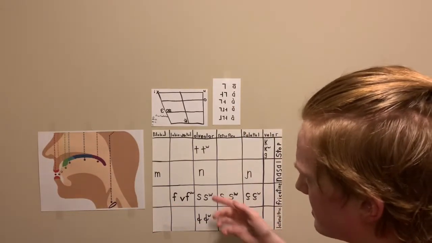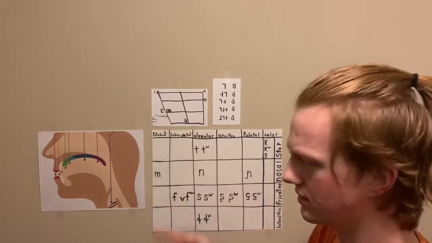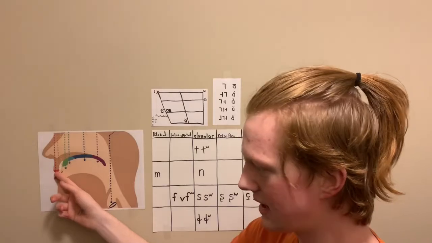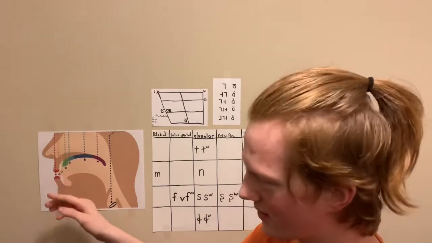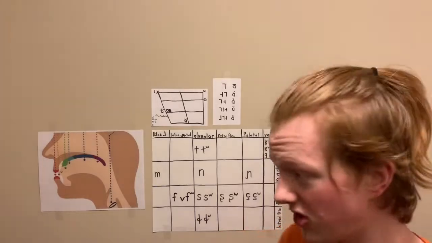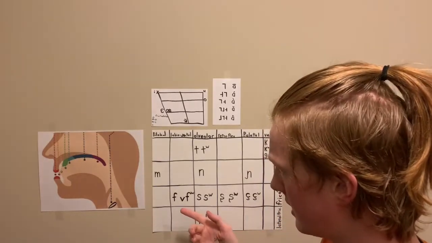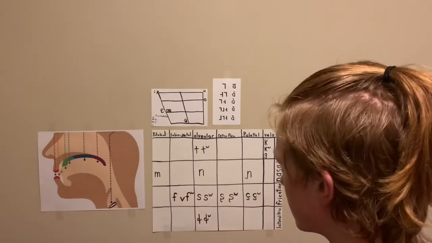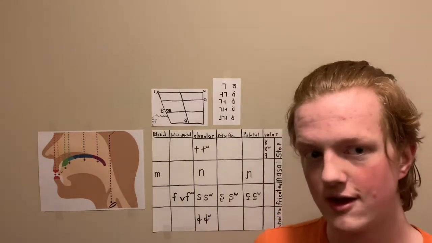The next one is the labiodental consonants, which use both your lower lip and upper teeth to make the sound. So we already know a couple of sounds like this, like fa and va, which are known as labiodental fricatives.